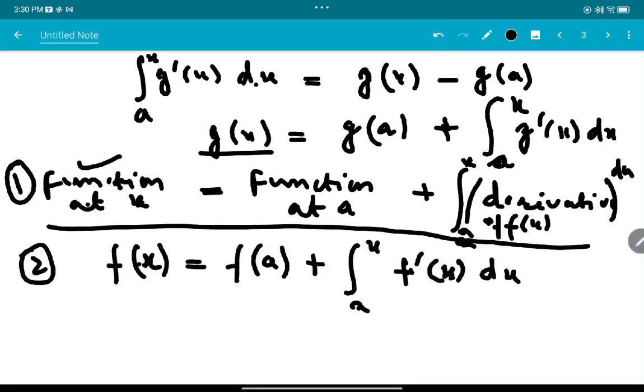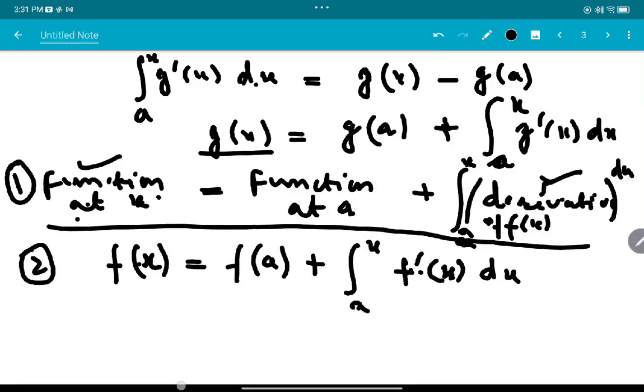So here will be f dash x, here will be f dash a, and here will be the derivative of f dash x. The derivative of the function f dash x is not f dash x, rather f double dash x. So apply this fundamental theorem of calculus to f dash x.